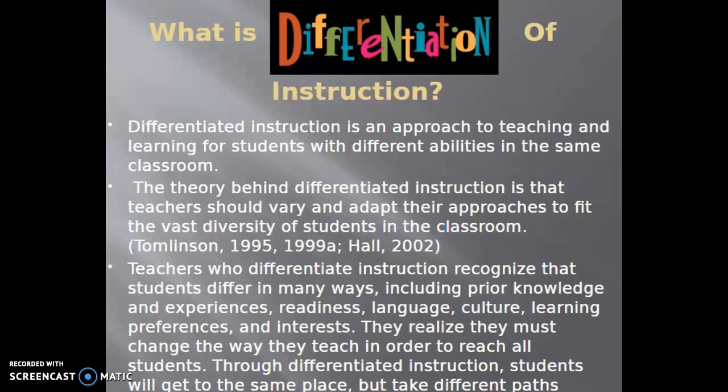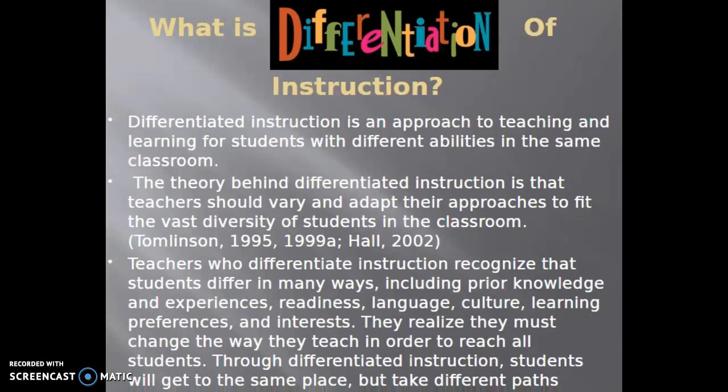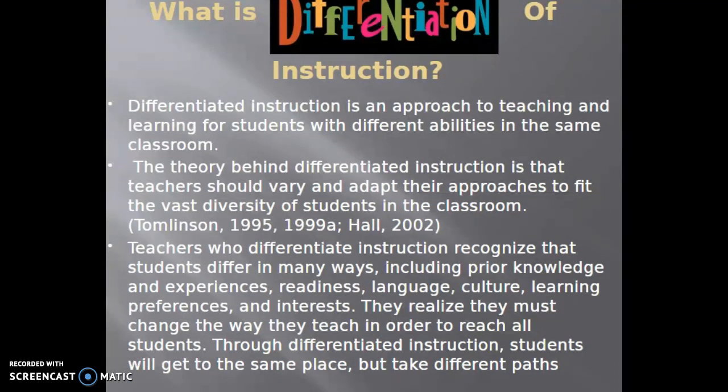And teachers who differentiate their instruction recognize that students differ in many ways, from their knowledge, experiences, their readiness, their language, their culture, their learning preferences, what they're interested in. And when a teacher can realize that students are coming with all these diverse backgrounds, they need to change the way they teach them in order to reach all the students, in order to create a fair playing field.